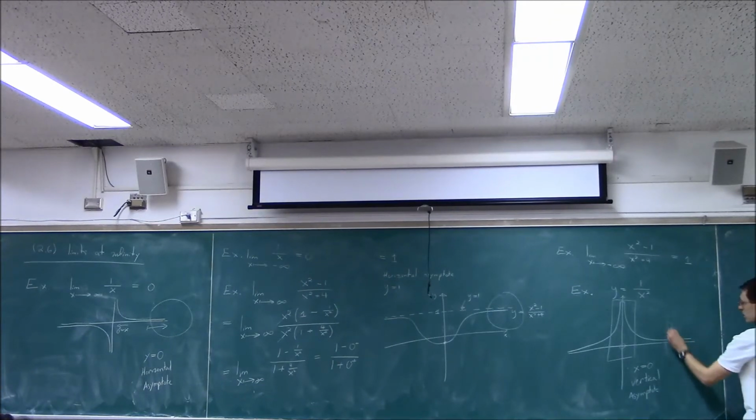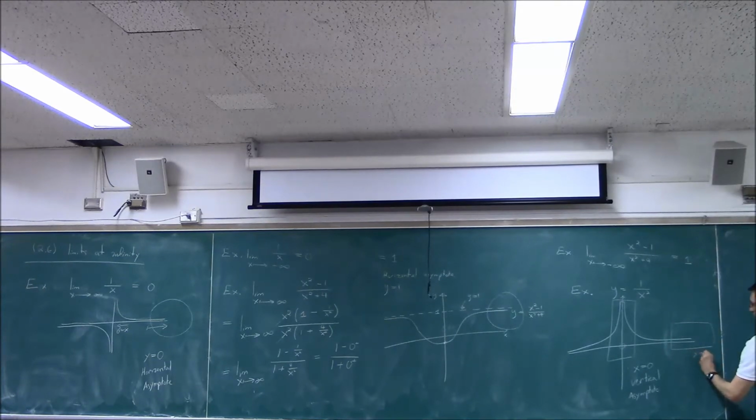Now, if I look very far, then y equals 0 is my horizontal asymptote. Understood?